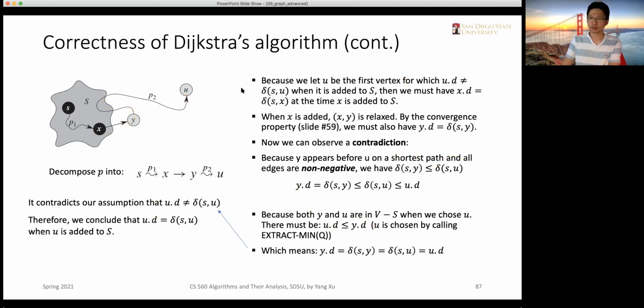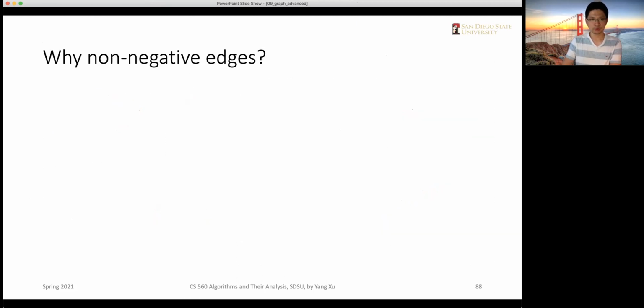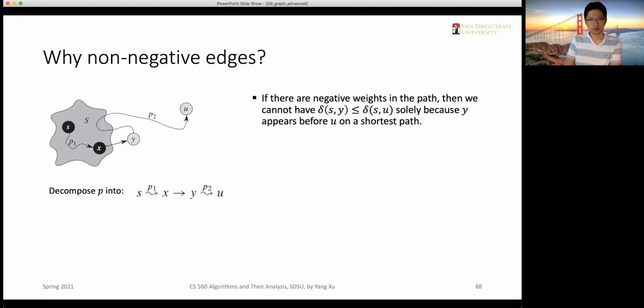And now we also see why it is important that Dijkstra's algorithm should apply to non-negative edges. Because if there are negative weights in the path, then we are not sure whether along P2 there are negative numbers.